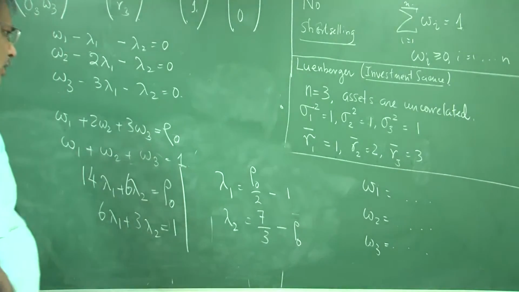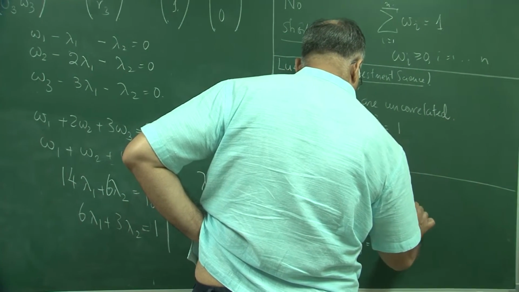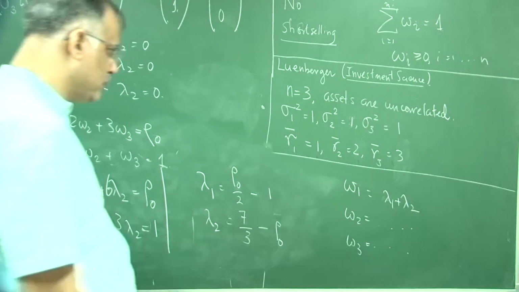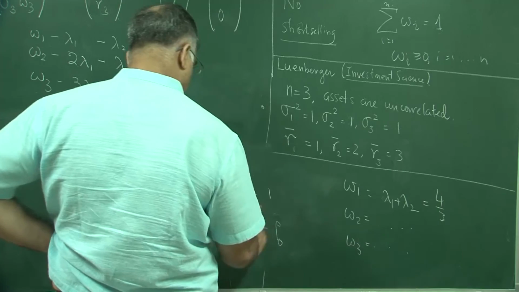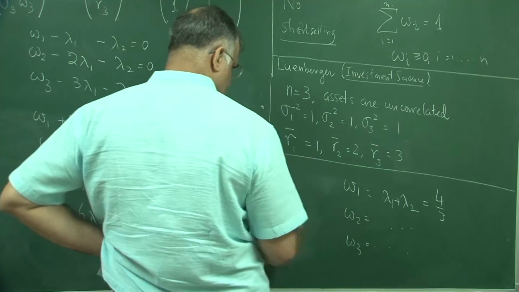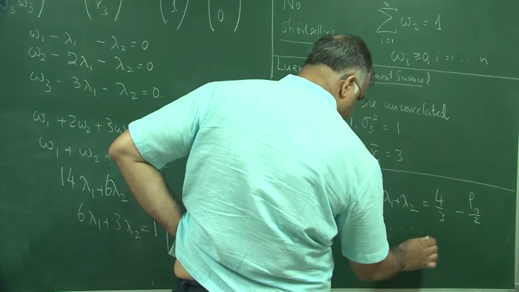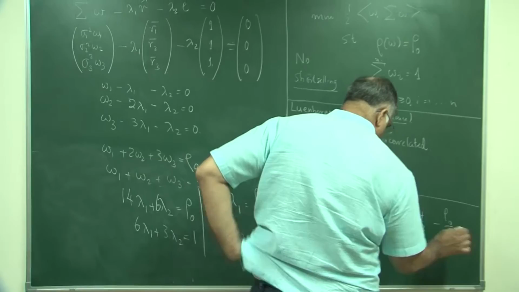So then your omega 1 is now lambda 1 plus lambda 2. So lambda 1 plus lambda 2 means this will give me 4/3. So this minus this 4/3, and this is minus rho naught by 2. Similarly, I leave you to find out the rest as a homework.